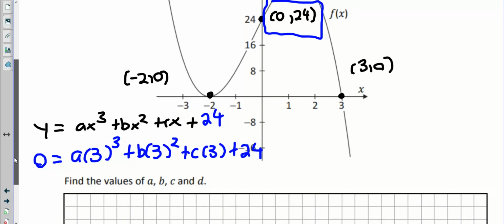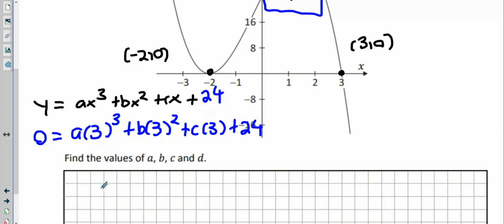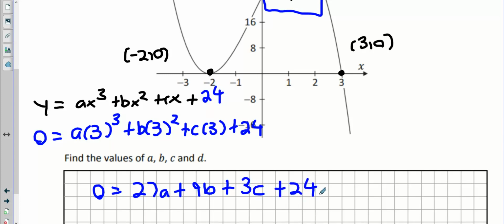And what do we get here? Anybody? What's that? 0 equals 27a plus 9b plus 3c plus 24. All right. Stop there. Try the next one now.